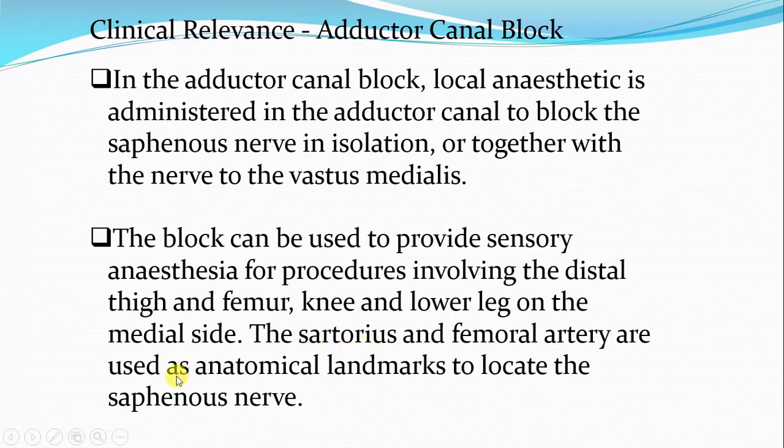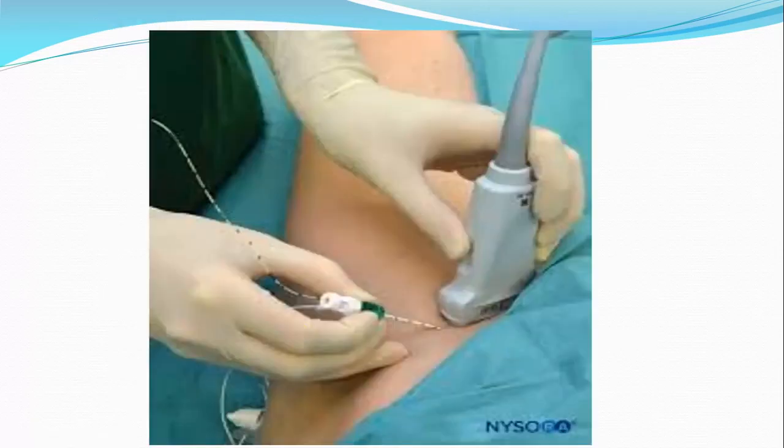The sartorius and the femoral artery are used as anatomical landmarks. Here we are seeing how the adductor canal block is put. This is an ultrasound probe. The ultrasound probe is put over here and the flow of the artery is seen on that screen, and a catheter is put in here.